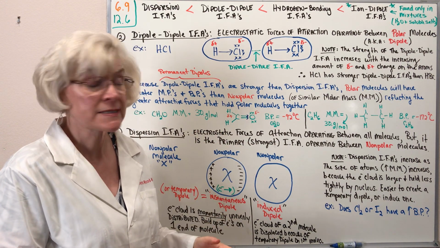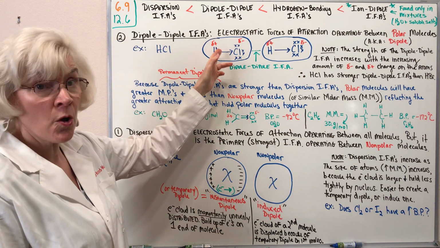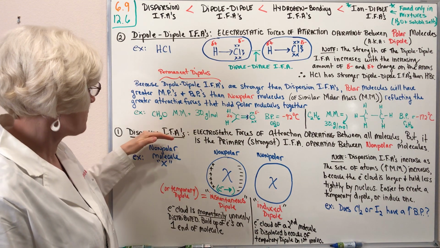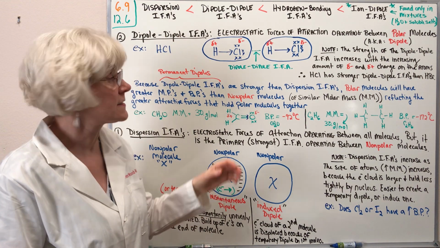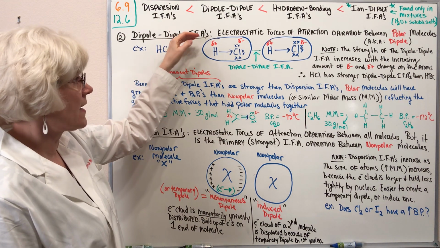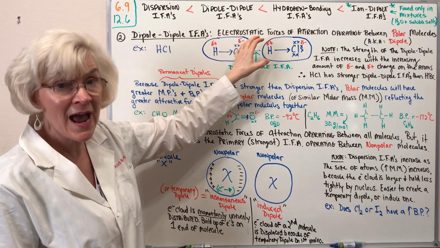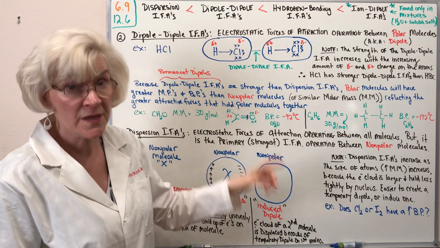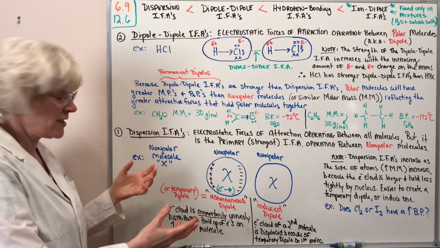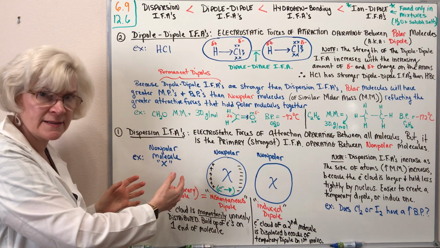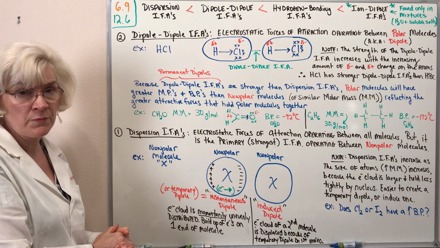If a molecule is a polar molecule, it can have both dispersion and dipole-dipole IFAs, but the dipole-dipole IFAs would be stronger in magnitude for that molecule than its dispersion IFAs. So let's take a look, and I'm using just a general X example for a nonpolar molecule.